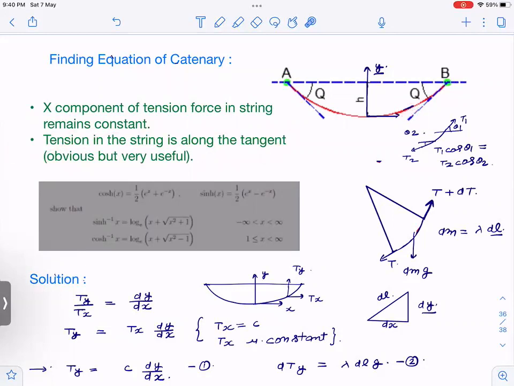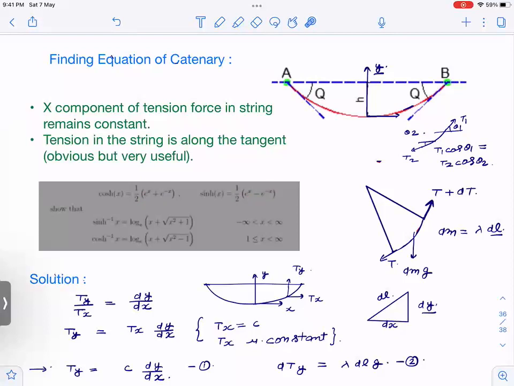And now, before finding the final result, I want you to know this. Maybe if you probably know hyperbolic functions, then it's fine. Otherwise, hyperbolic functions are nothing. Just that cos hyperbolic function is e power x plus e power minus x divided by 2. Sine hyperbolic function is 1 upon 2 times e power x minus e power minus x. So that is sine hyperbolic function.